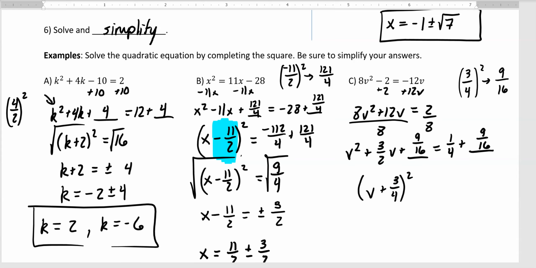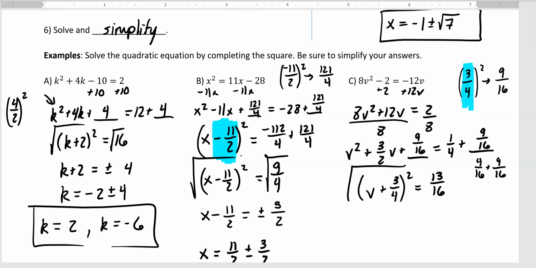It's always going to be that number we used to find what we were adding. v plus 3/4 squared equals 1/4 plus 9/16. So let's see, that'd be 13/16, I believe, right? Because this would become 4 over 16 plus 9 over 16, which is indeed 13/16.